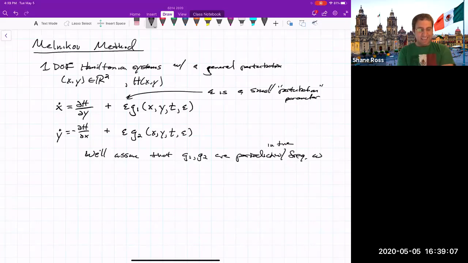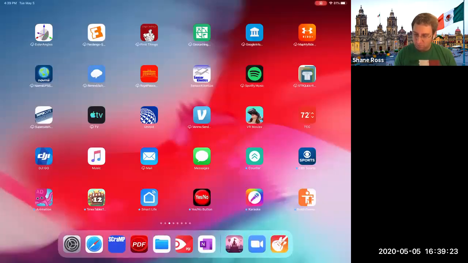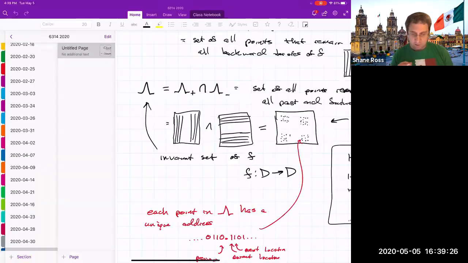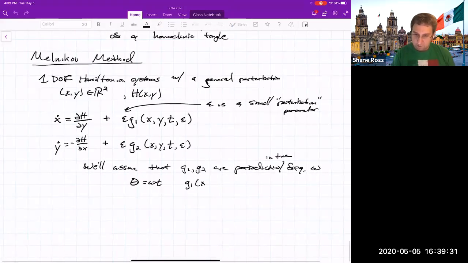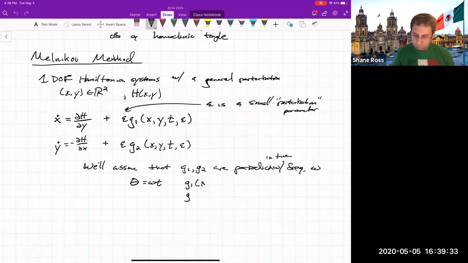So that means instead of G1 and G2 being a function of time, we could define a phase, theta equals omega t, and then G1 is a function of x, y, theta, and epsilon, and G2 is a function of x, y, theta, and epsilon.